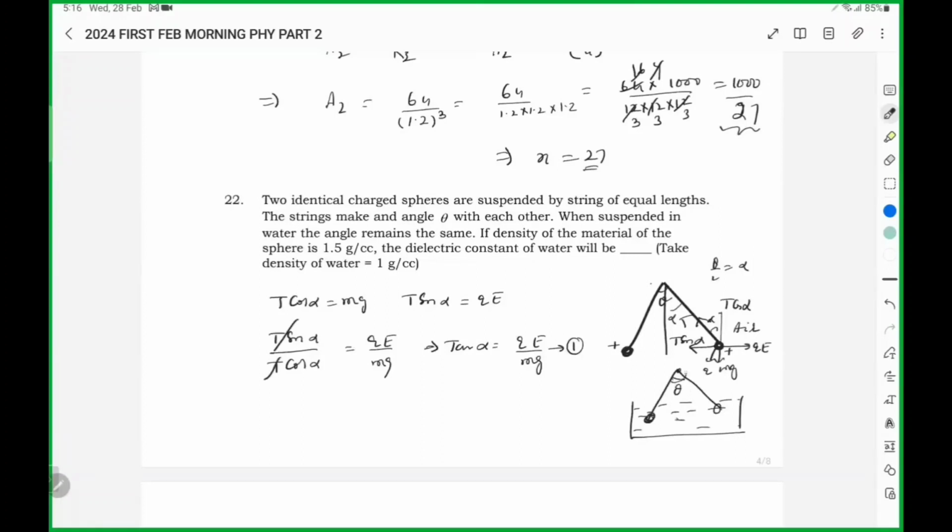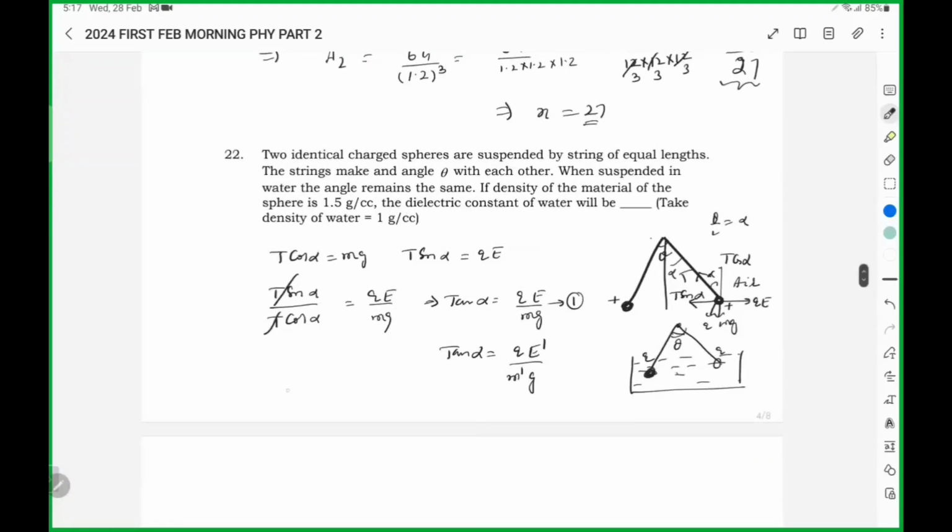Here also, since angle is same, here also we say tan alpha, both are charged the same way, Q, but E becomes E dash. So mass also changes because they are placed in water. So now I can write QE by mg is equal to QE dash by m dash g.